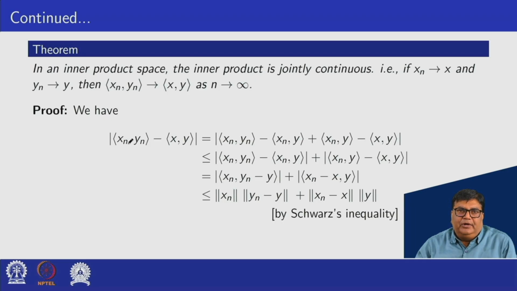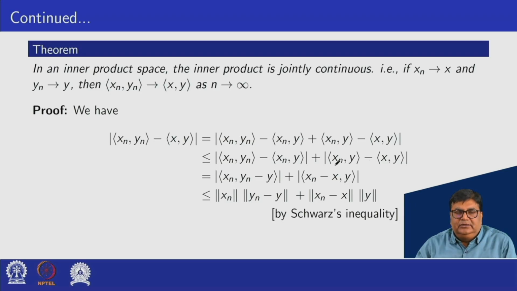Mod of inner product of x_n, y_n minus inner product of x, y. In this we add inner product of x_n, y and subtract inner product of x_n, y, so there is no change. Taking these two as one term and these two as one term, we know that mod of x plus y is less than or equal to mod x plus mod y.